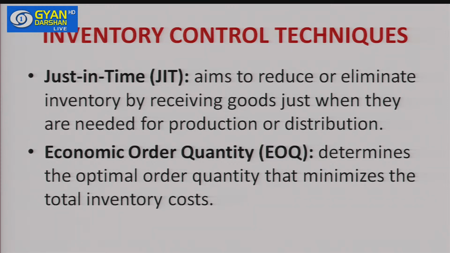The second inventory control technique is the economic order quantity technique, which determines the optimal order quantity that minimizes the total cost. For example, in a factory, a house or an organization, if we have money, we can order plenty of inventory.